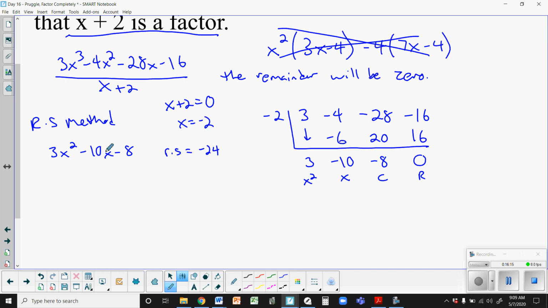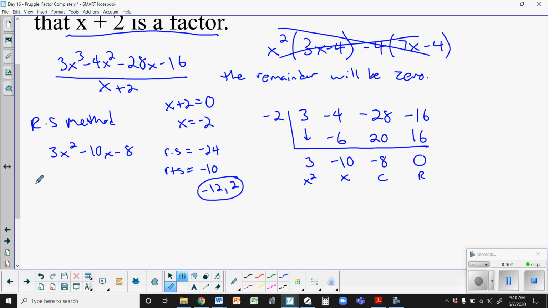And then R plus S equals negative 10. So find your R and S that works. So you found that negative 12 and 2 work. So we want to do what with that? That's right, stretch the middle term. So do the factoring of this, and then we'll come back.